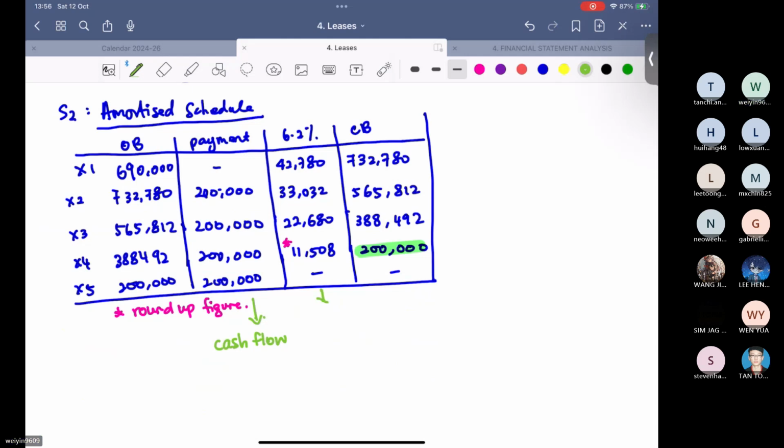This one, SOPL, finance cost, or maybe you can call it interest expense. Then this one, SOFP: non-current liability, current liability, the amount to be reported.